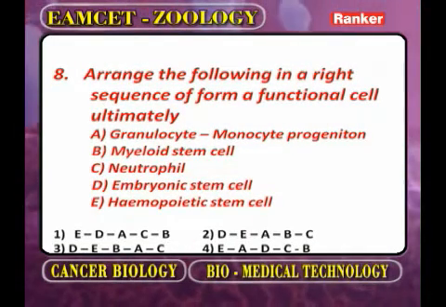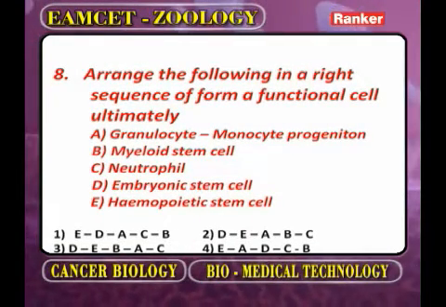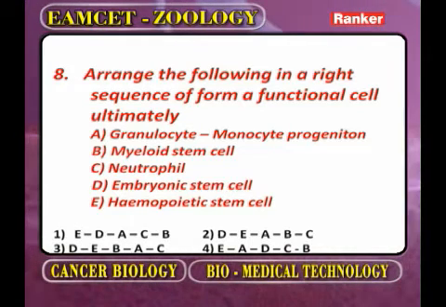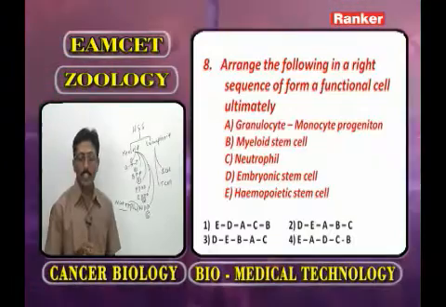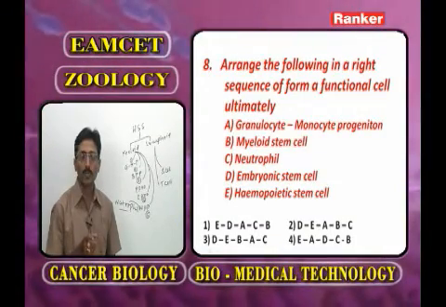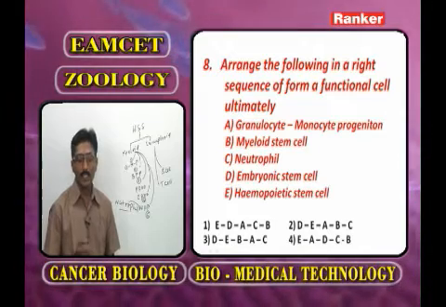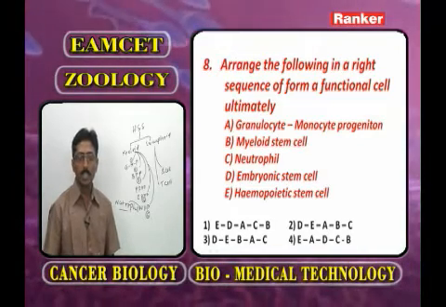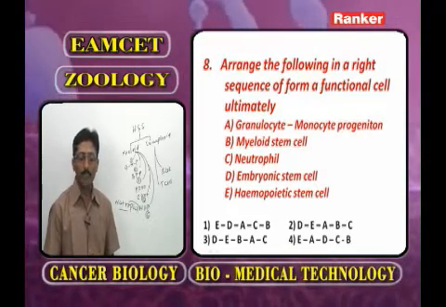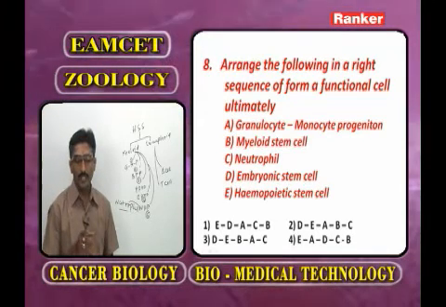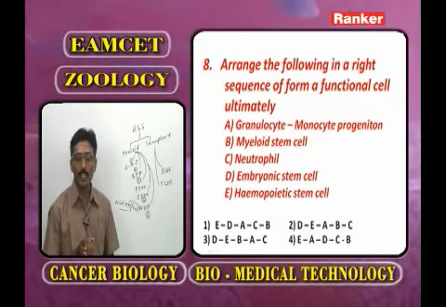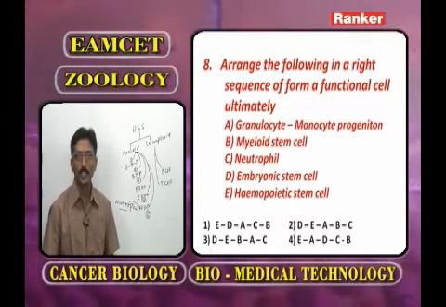Arrange the following in the right sequence to form a functional cell ultimately. Now the first one, granulocyte monocyte progenitor, myeloid stem cell, neutrophil, embryonic stem cell, and hemopoietic stem cell. Now as we observe, the myeloid stem cell is nothing but the myeloid progenitor.